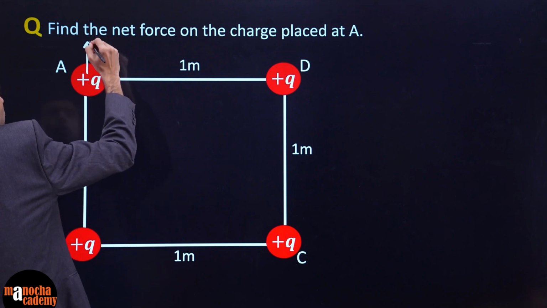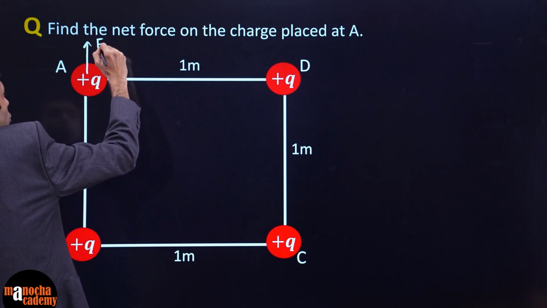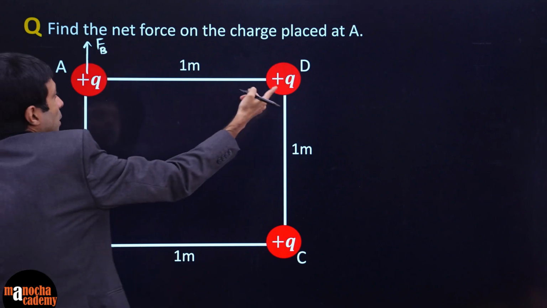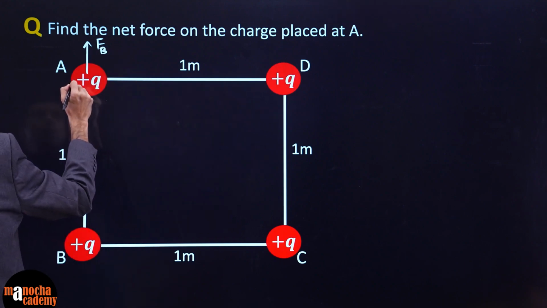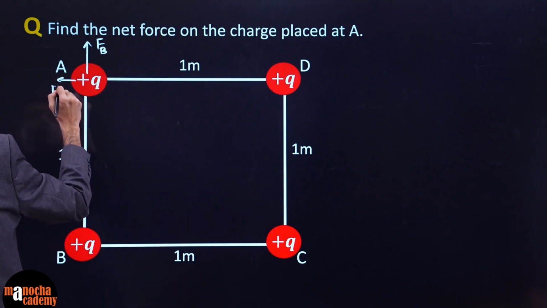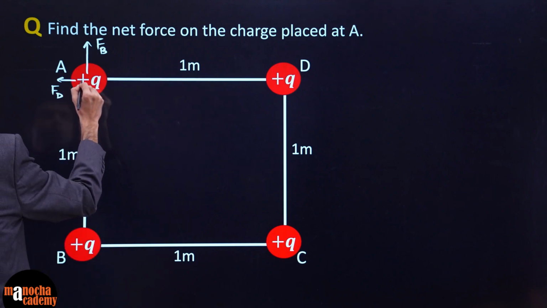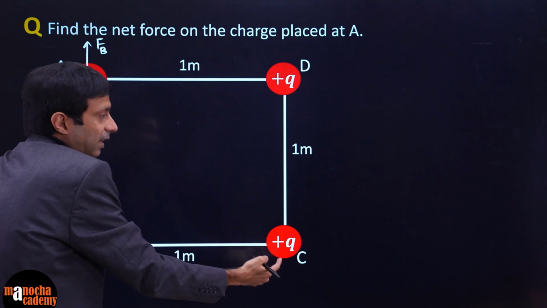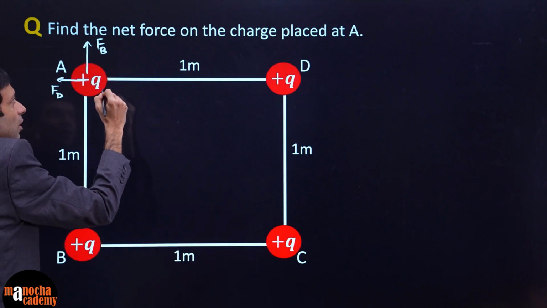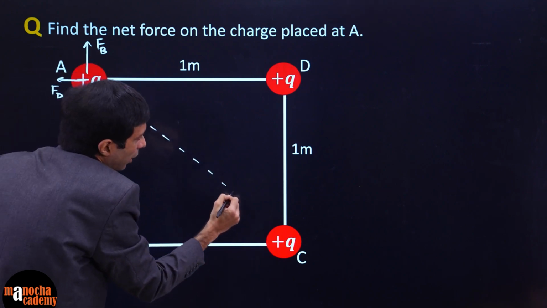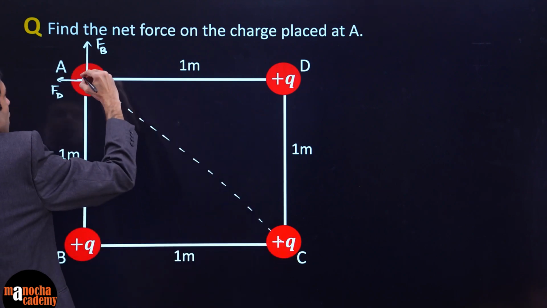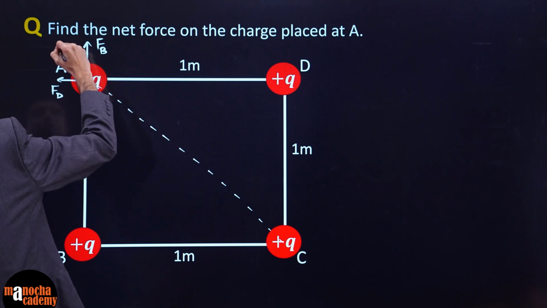So the force due to B, which I'm going to mark as FB, is going to be in this direction. Similarly, the force due to D is going to be in this direction. Yes, repulsive force. And the force due to C is going to be in this direction along the line joining the two charges. So FC is going to be something like this.